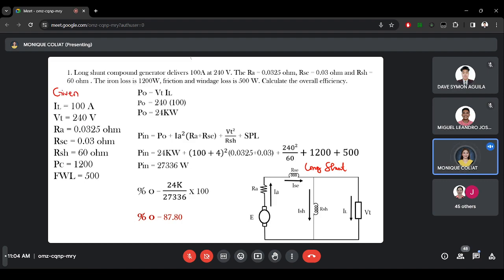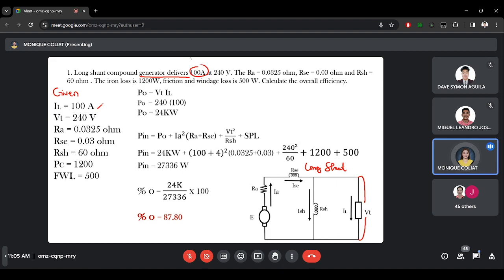So, this current is IL and this is your terminal voltage. Then, we have 0.0325 ohms RA. Then we have RSE, RSH. We have the iron loss or PC, 1,200 watts. Then friction and windage loss of 500 watts. Okay. So, what are we looking for? Overall efficiency. What is the formula in getting the overall efficiency? We have PO over PN times 100.